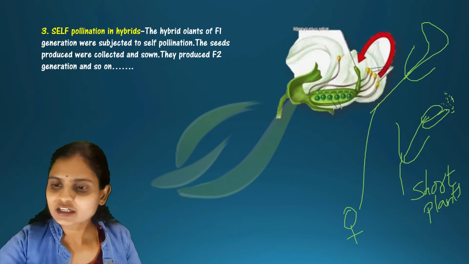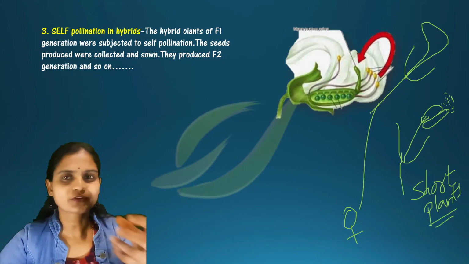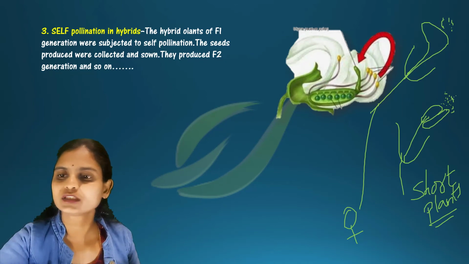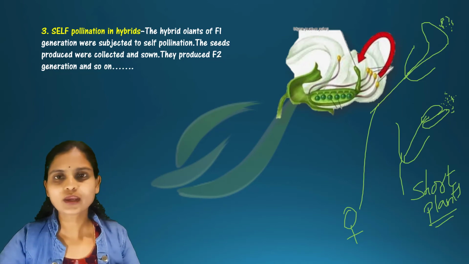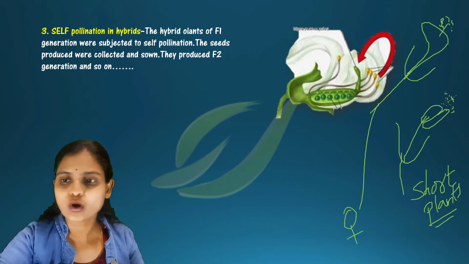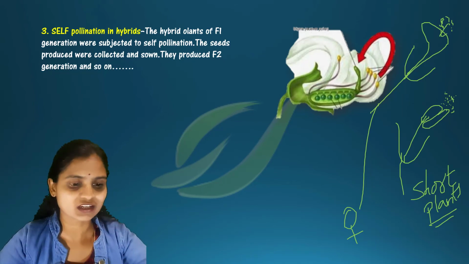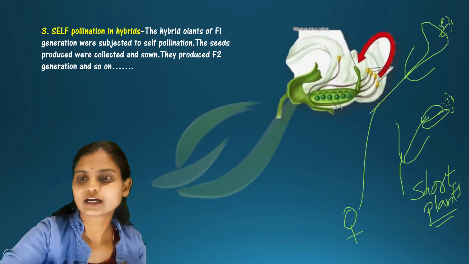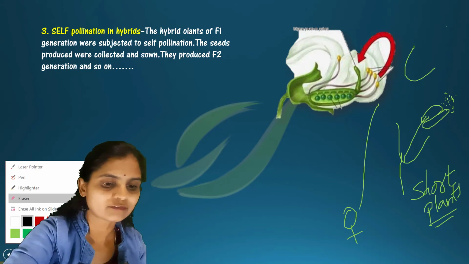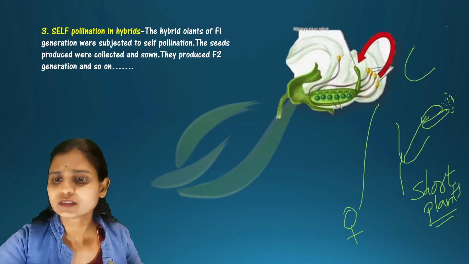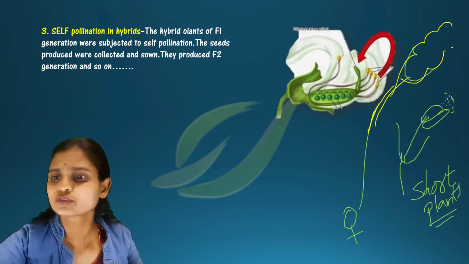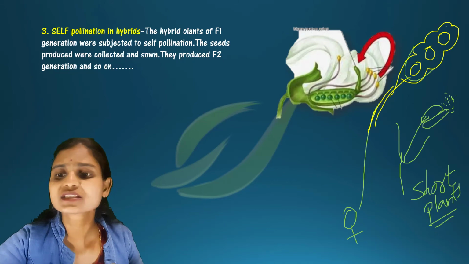Now, from the short plant's flower, we are depositing pollen grains on the tall plant. After fertilization has taken place, the flower will develop into fruit and it produces seeds.